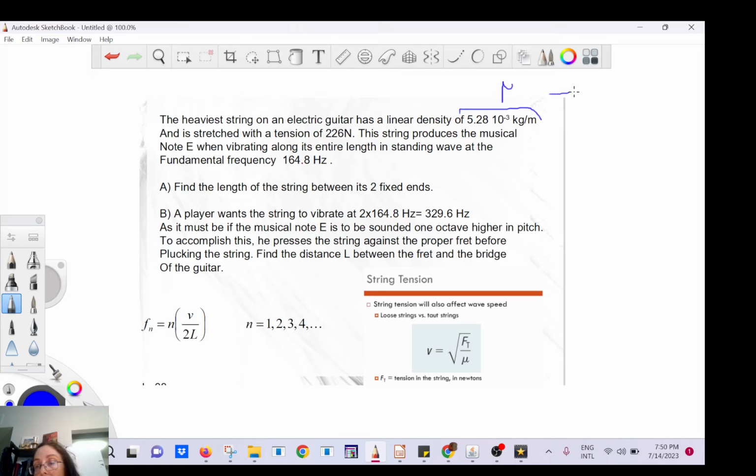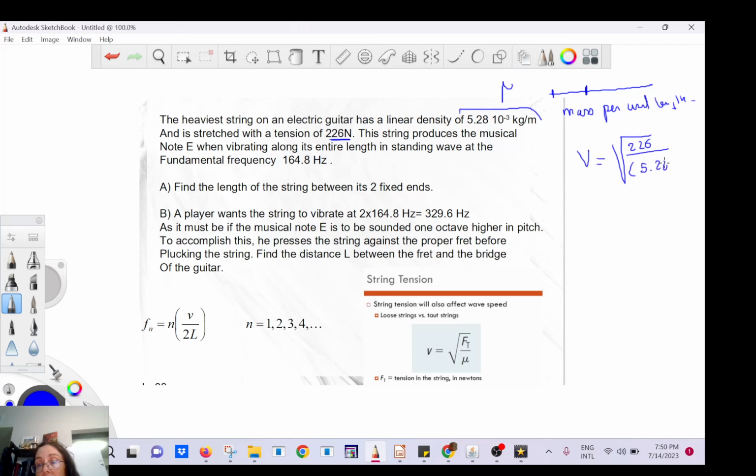It means if you have a string here, that will be the mass per unit length. As I've told you, if you have a violin, for example, you have the thicker string and the thinner string. That will increase the inertia. If the inertia increases, the frequency decreases.